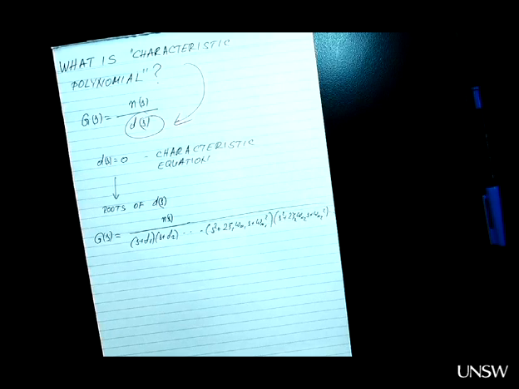The point I'm trying to make here is that when you factorize any polynomial, in our case the characteristic polynomial, you will end up with a number of first or second order polynomials. Any higher order polynomial means you haven't completed the factorization.